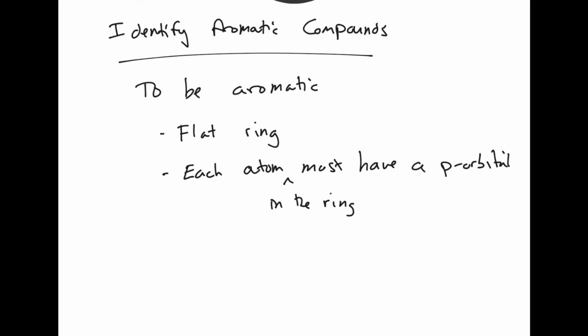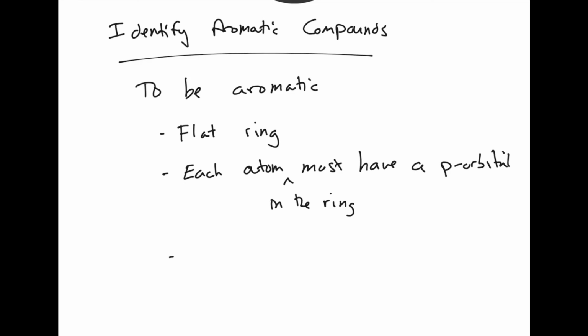For any aromatic compound, each carbon or each atom that makes up the ring has to have a p orbital, because to be aromatic, your electrons have to be able to freely move all the way around your ring, right? So if one atom is missing a p orbital, the electrons hit that atom that doesn't have a p orbital, and they have to stop, right? So every atom has to have a p orbital all the way around.